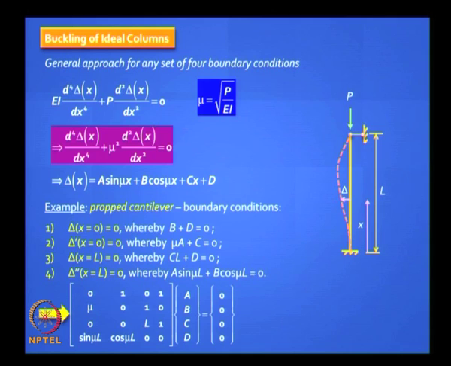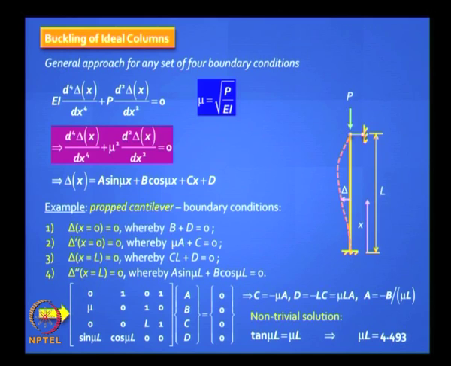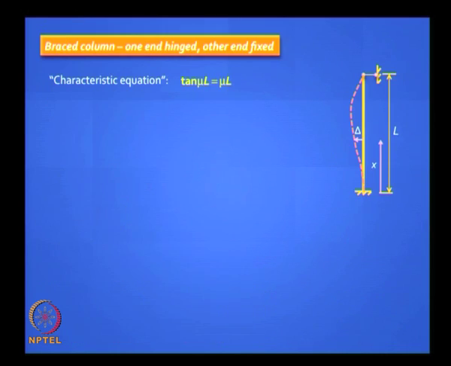If you apply them and you plug in the solutions, you can write it in a matrix form. When you solve this, you get some constants for A, B, C and D, and the last equation when you solve will be an eigenfunction, eigenvalue problem, okay, and typically it will take some shape like this. So tan mu L equal to mu L is a transcendental equation. You can have multiple solutions for these. The lowest value of mu L corresponds to your fundamental mode, and that's how you get mu L equal to 4.493 in this example.